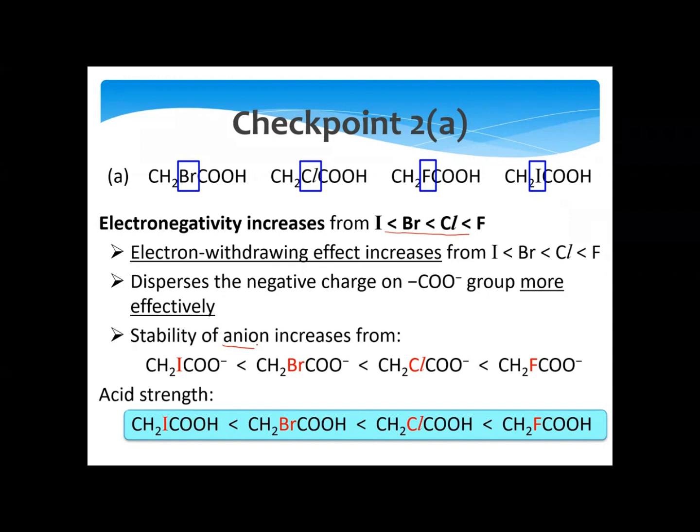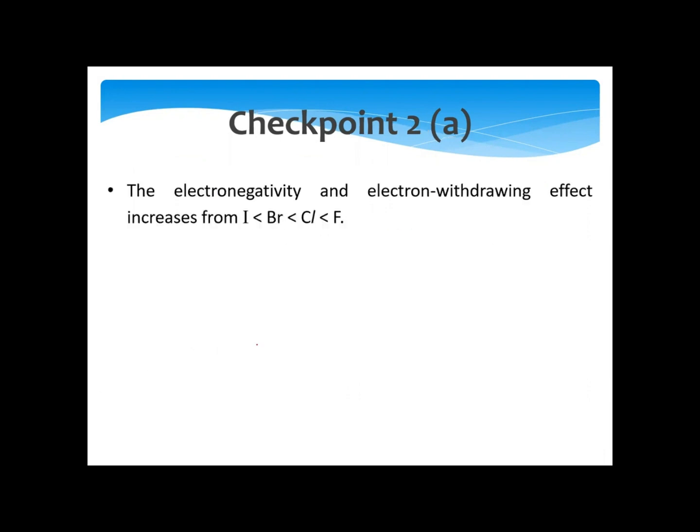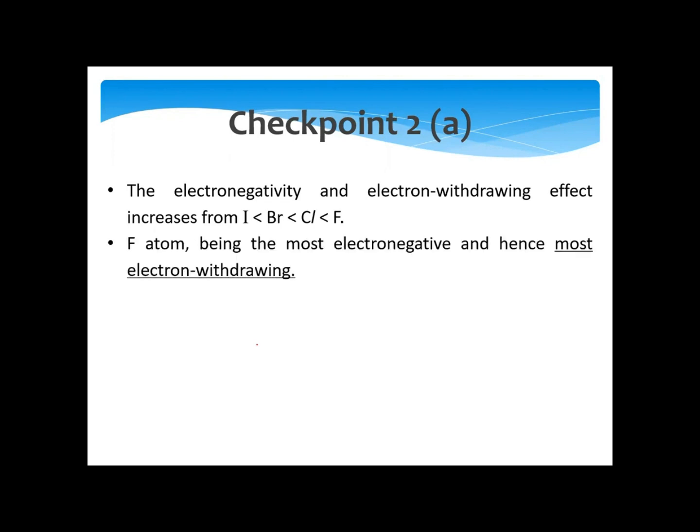Now, when it comes to writing the explanation, it's going to be quite wordy, but you can try writing on your own first and then comparing it later. But let me show you first. Similar to what we mentioned, we just put it in explanation this way. Compare electronegativity and electron withdrawing effect.